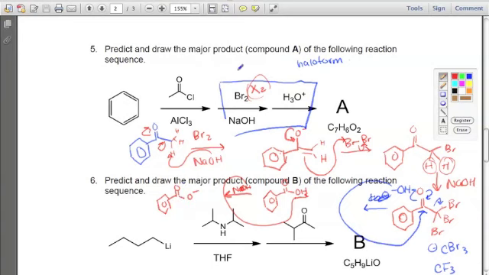So after step 1 and step 2, this is your product, and you're just going to protonate it with H3O+, and this is what you get. I'm sorry if it's a little bit mumbo jumbo and I'm drawing on top of it. I just ran out of room.